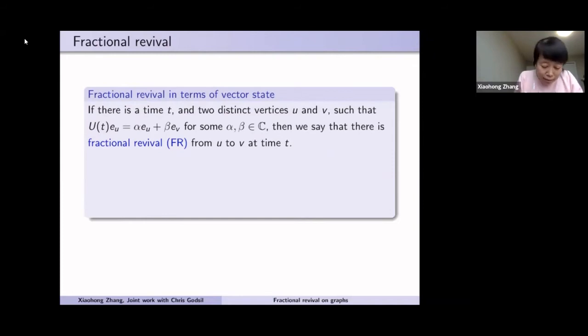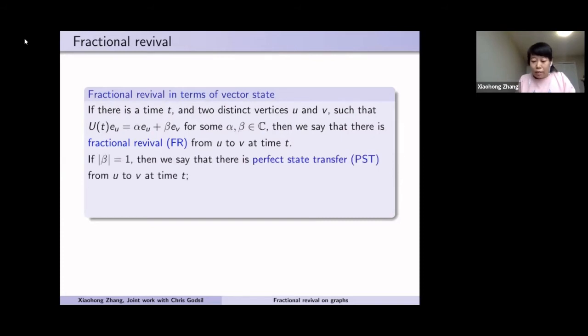Remember, this is a unit vector. We know that |alpha|^2 plus |beta|^2 is 1. The trivial case is when beta has modulus 1, which means U_t e_u equals beta e_v. In this case, we say there is a perfect state transfer from vertex u to vertex v.